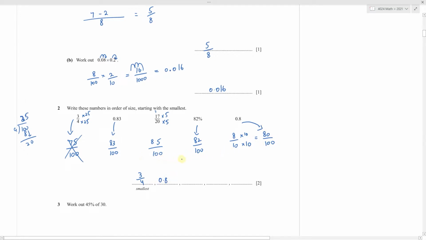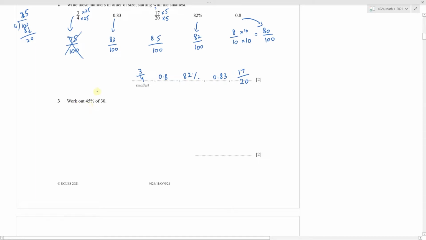Then the next smallest number is 82, which was 82%. And then 83 was 0.83. And 85 was the largest, which is 17 over 20. So 3 by 4, 0.8, 82%, 0.83, and 17 over 20. This is your order from smallest to largest.